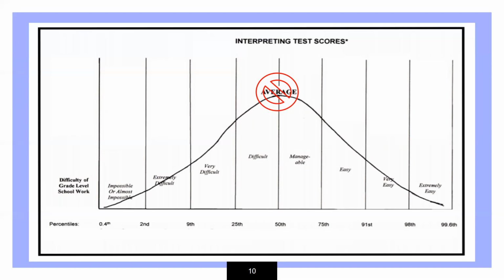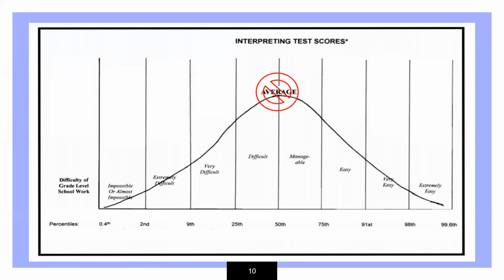Our range for percentiles on the bottom of our bell curve really ranges from about 1 to 99, and many people consider percentiles to be one of the easiest to understand. Let's take a look at an example.